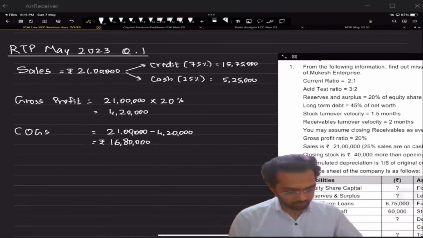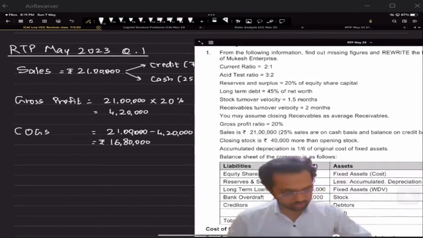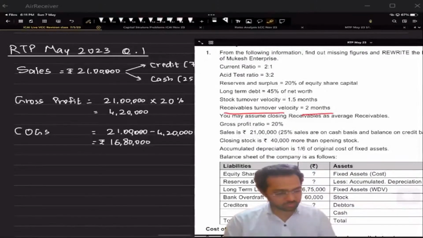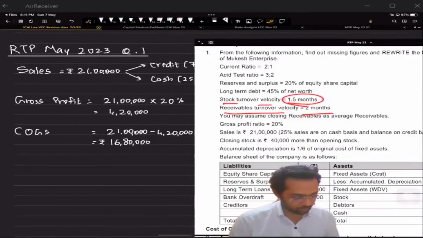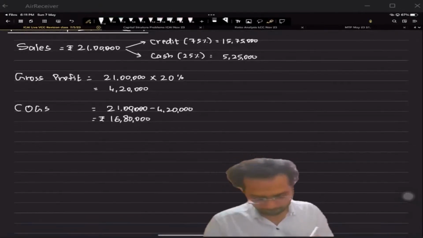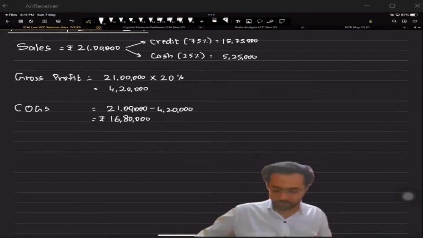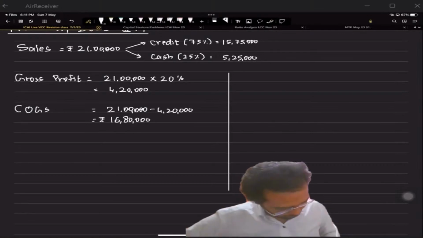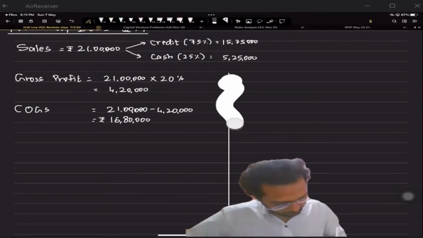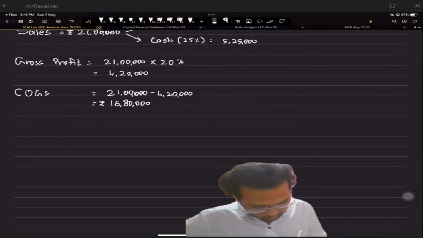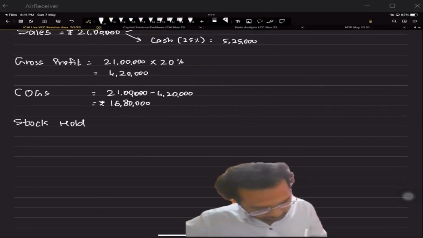Now we can go for the further calculations. Receivables turnover velocity is 2 months. Stock turnover velocity is 1.5 months. Now to get the stock figure, we need the stock velocity, or stock holding period.